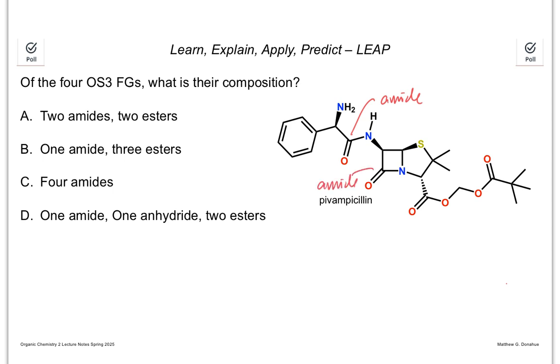That's an amide. This is an ester, and that's an ester. So in real life, a lot of the molecules have all these different functional groups and oxidation states. And then when you start designing synthesis, it can be hard to control exactly where something's going to happen. And you have to make sure that you're not stepping on some other functional group's foot if you want to do something at a certain place.